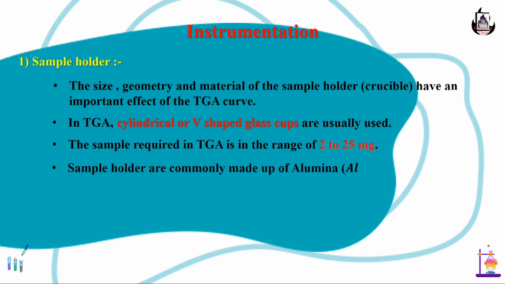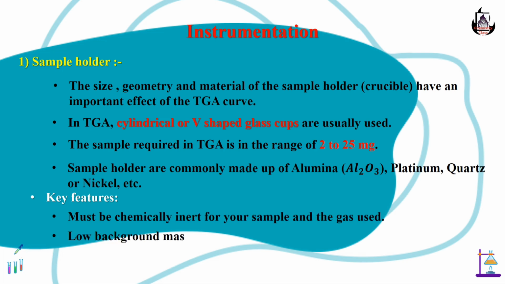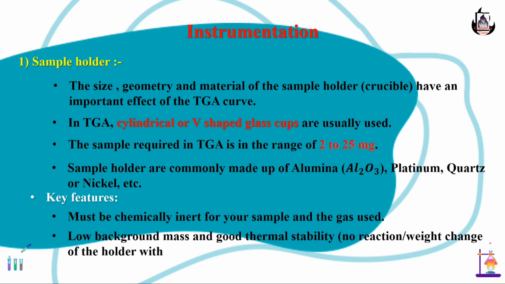Sample holders are commonly made of alumina, platinum, quartz or nickel, etc. Key features of the sample holder: it must be chemically inert, having low background mass and good thermal stability. Also, there should be no reaction involved or weight change of the holder within the experiment temperature range.